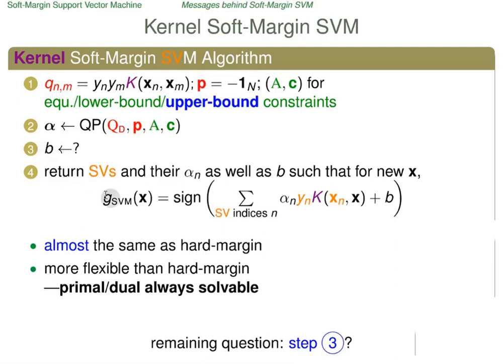Utilizing the kernel function, once we have the support vectors and their alphas as well as the bias, we can define the following g_SVM for soft margin support vector machines as a decision function.